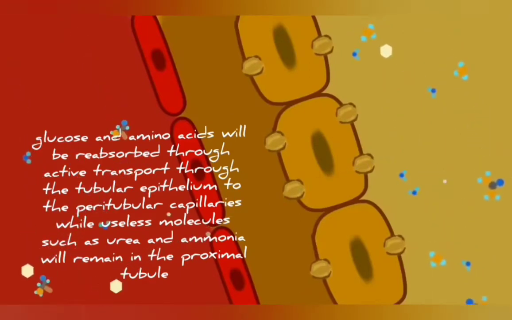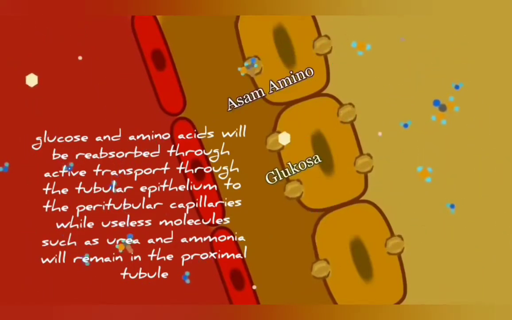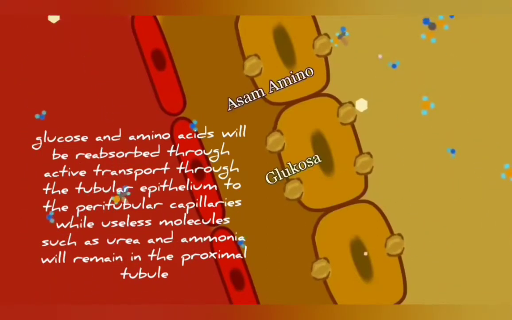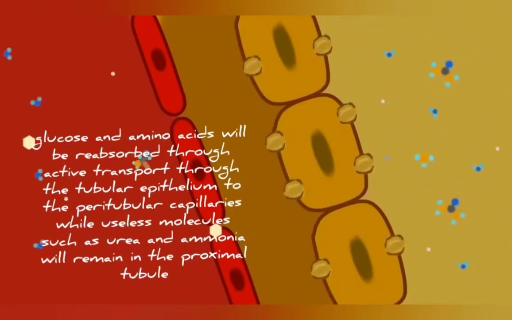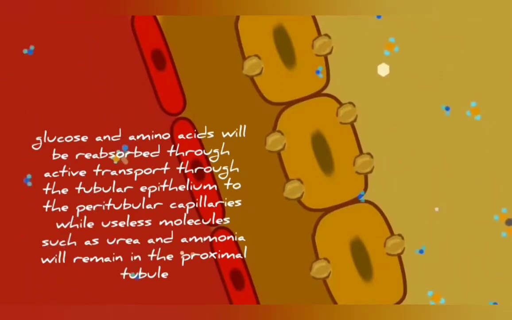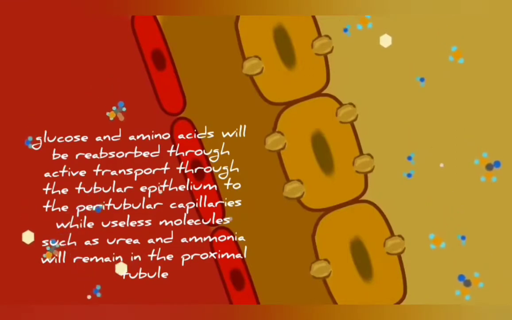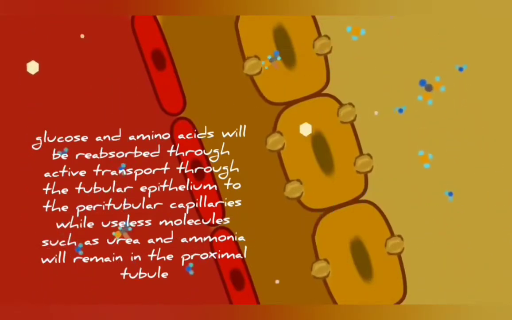Amino acids and glucose will be reabsorbed through active transport through the tubular epithelium to the peritubular capillaries, while useless molecules such as urea and ammonia remain in the proximal tubule.